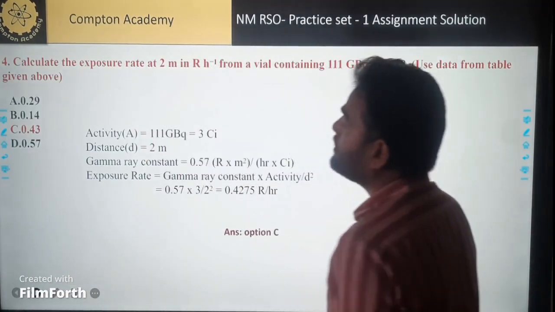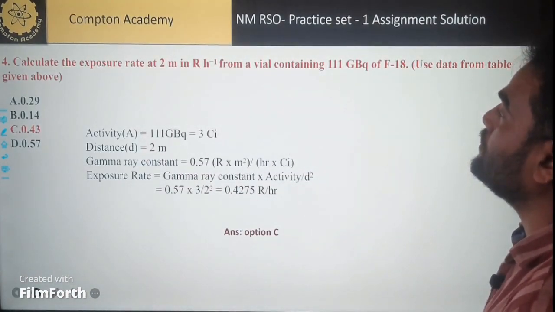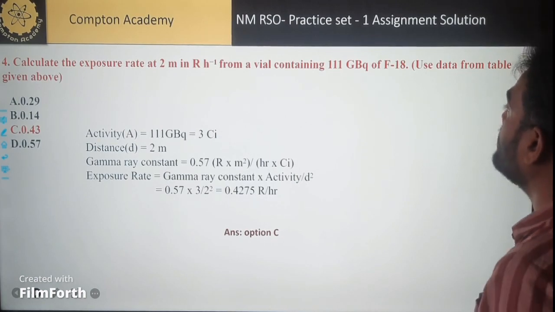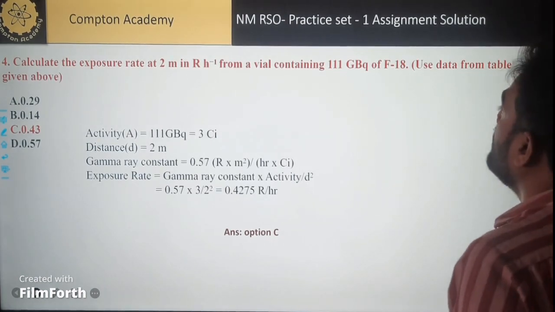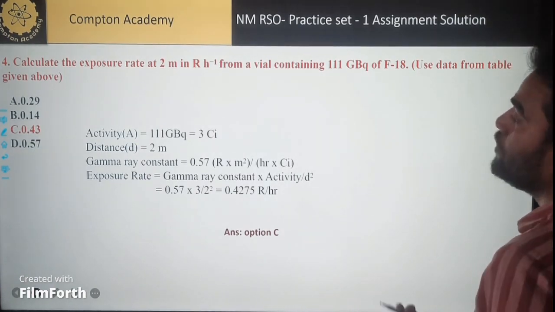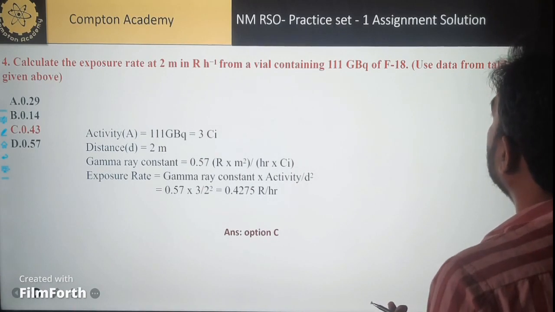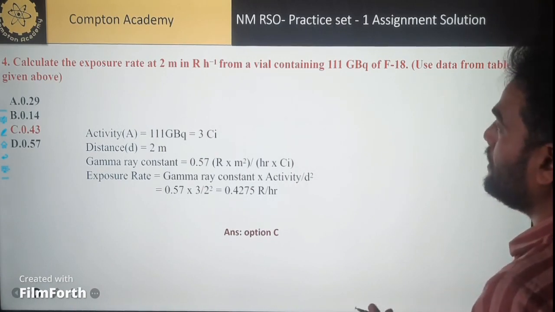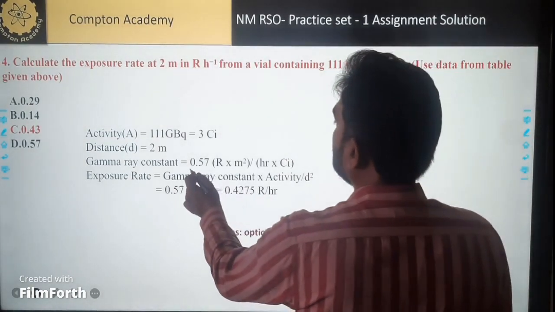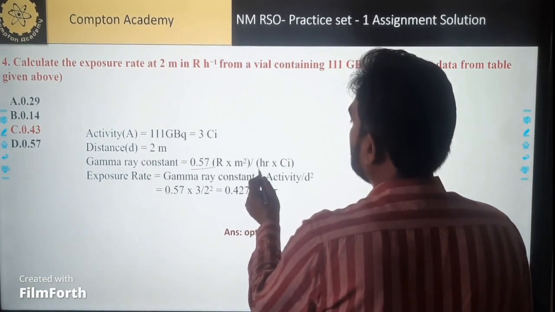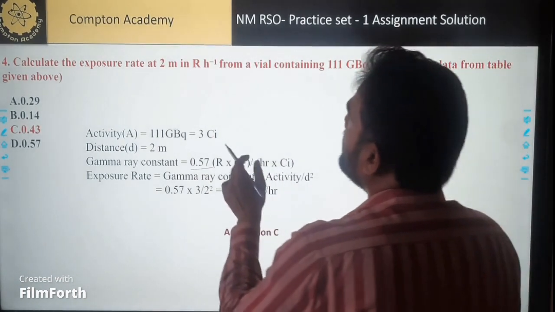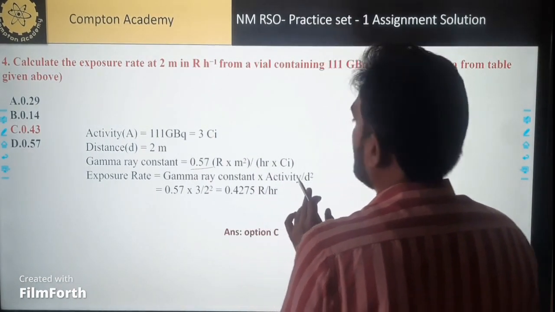Now move to another question. Calculate the exposure rate at 2 meter in roentgen per hour from a vial containing 111 gigabecquerel F18. So we will use the data over here of the F18 gamma ray constant. The gamma ray constant is 0.57 roentgen per hour meter square per curie. Here the exposure rate at 2 meter is asked.